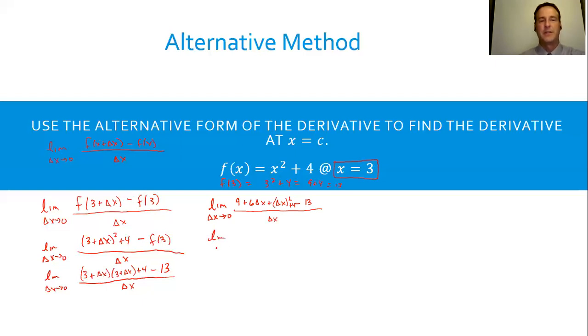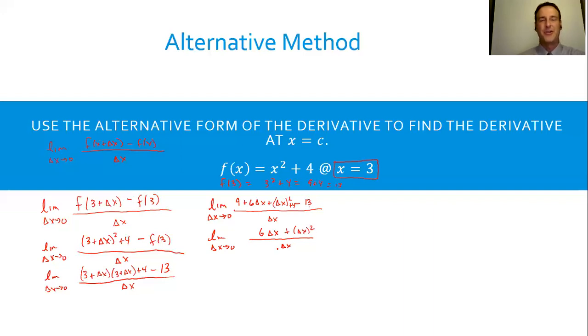All right, so that is my limit as delta x goes to 0. And let's see what we're left with in our numerator. Well, here's our subtract 13. If I have this 9 and this plus 4 from right here that I just snuck in, 9 plus 4 is 13, minus 13 go away. So I'm left with a 6 delta x plus a delta x squared.